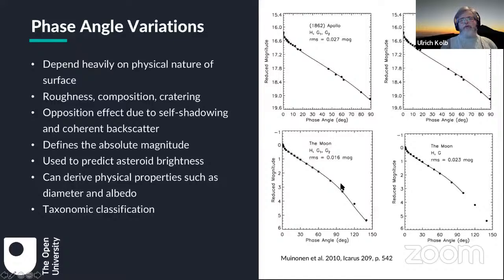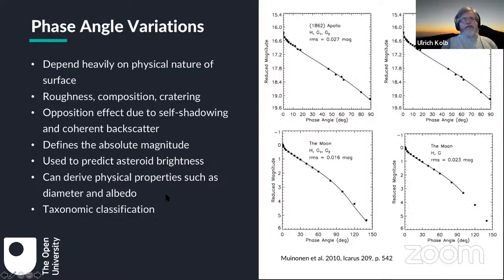The dots are measurements, while the curve here is a semi-analytical model, H and G, one which I will use again later on. The H is an interesting one because it essentially measures the visual magnitude this object would have at 0 degrees at this standardized 1 AU distance from both Sun and Earth. So it's not a real distance, but one that's normalized.